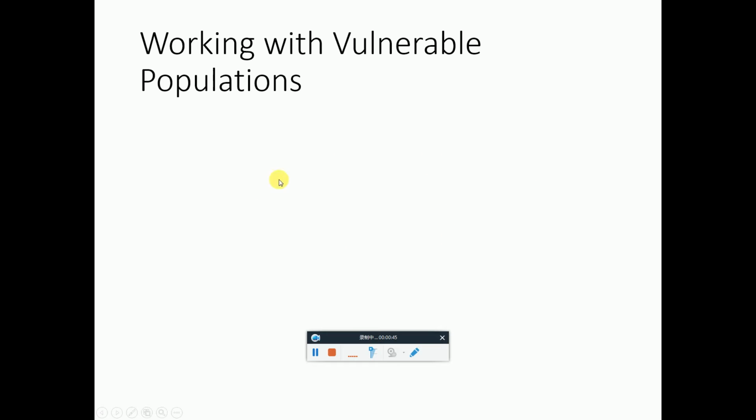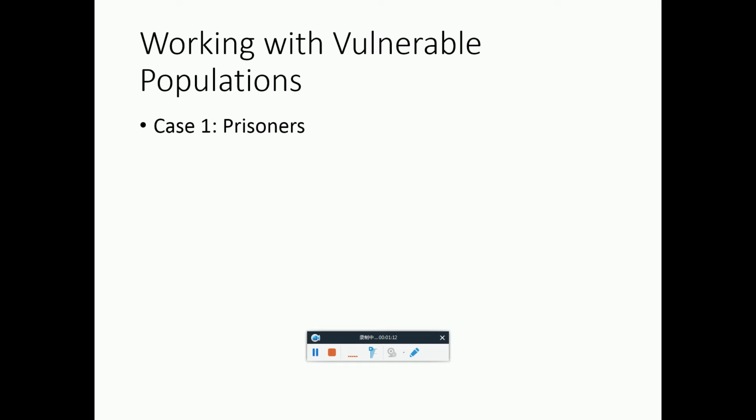This principle must be held regardless of the population you're working with. But this principle is particularly important when you're working with populations that might be disadvantaged in certain aspects. And we'll be talking about two in this module.